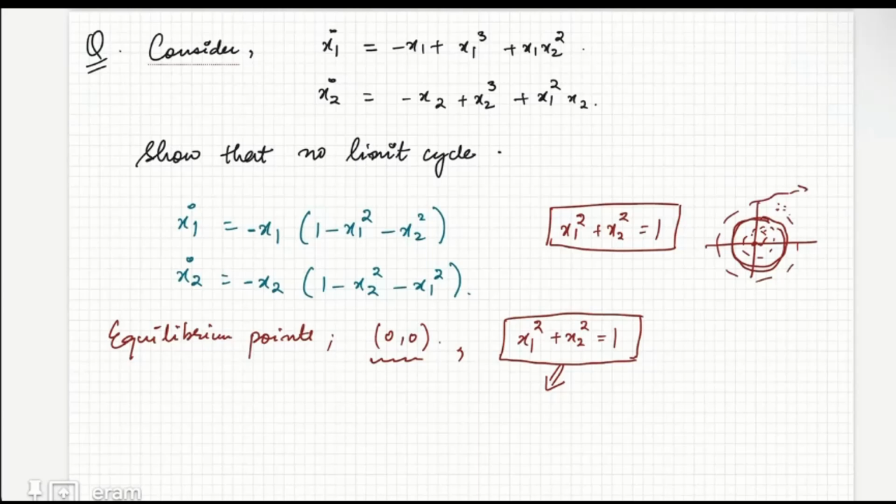So the trajectories will not get trapped inside any domain D. In that way we can conclude that there will be no limit cycle for this system. But I think that criterion is not covered in the recorded lecture, so let's skip this question.